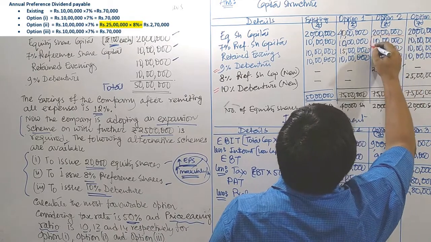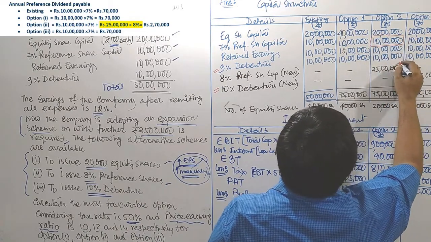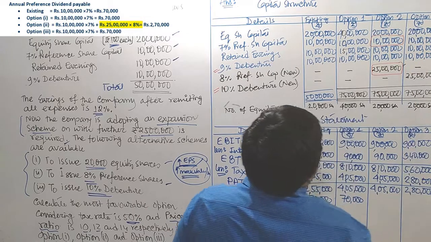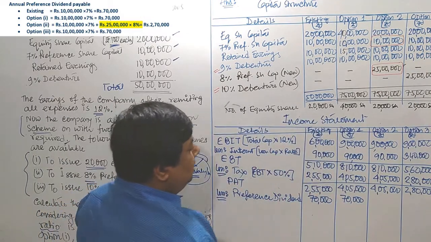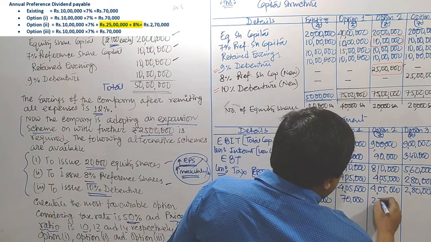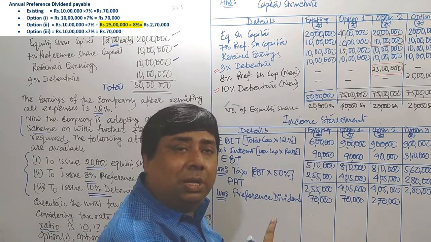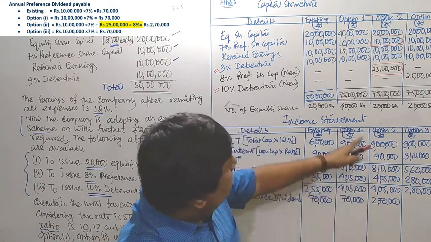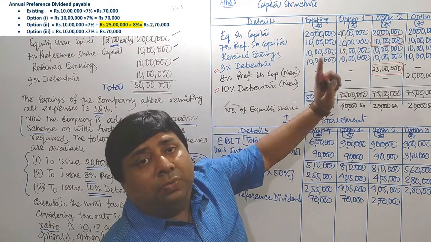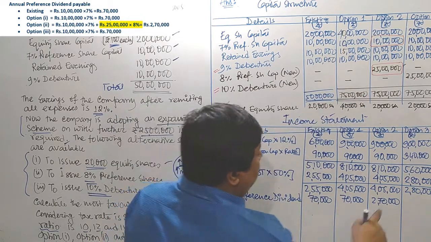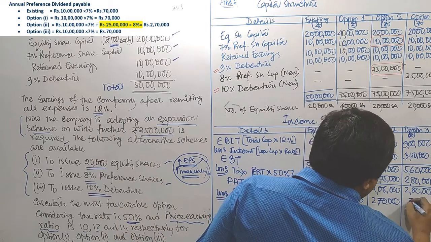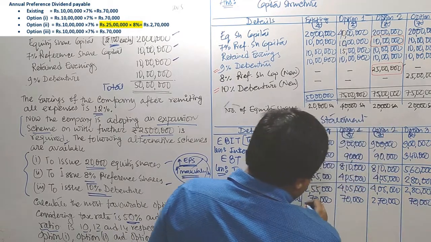One is 10 lakh rupees, apart from the 25 lakh rupees which you newly received. In that specific case it should be 2,70,000: 70,000 for the existing one and 2 lakhs for the new issue of preference shares. For the last one again, it is as it is 70,000.